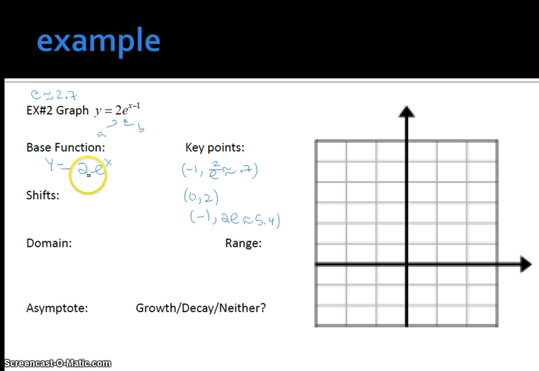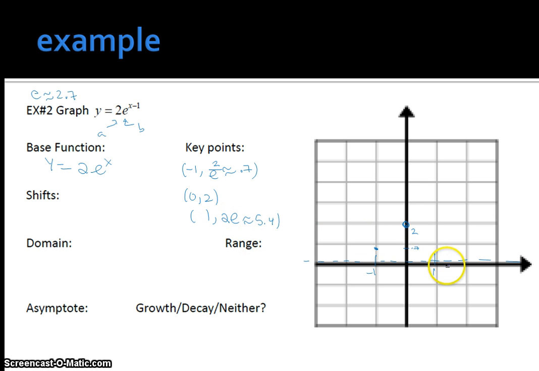So we can go ahead and graph the base function. The base function has an asymptote at y equals 0. I'm going to plot the points minus 1, 0.7, 0 comma 2, and oops, this last key point was a positive 1, comma ab.